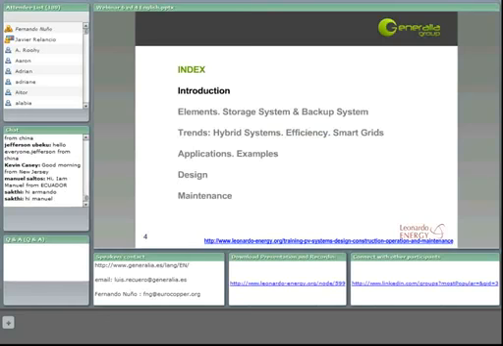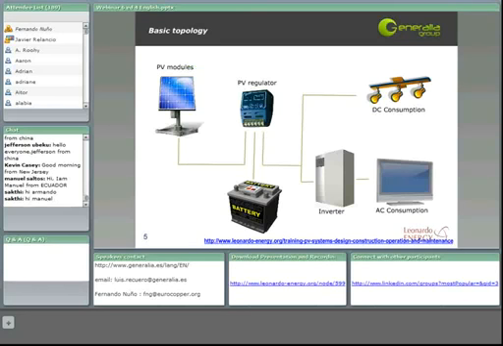So let's start with the introduction for this type of facility. Here you have a basic diagram that shows the main elements of an off-grid facility. You can see that we have PV modules like we used to have in grid-connected facilities, but now we have two new types of devices, which are the PV regulator and the battery.